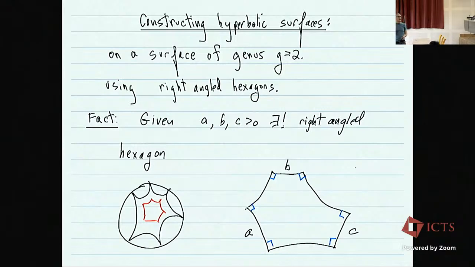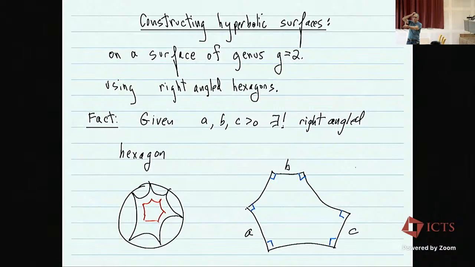A Euclidean hexagon has angles 2 pi over 3, and that's when you get very close.